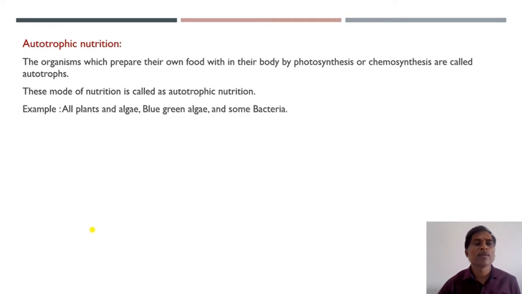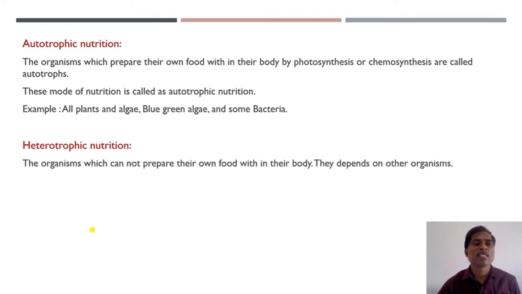All green plants, bacteria, cyanobacteria, blue-green algae are autotrophs. Second one is heterotrophic nutrition. Animals cannot prepare their own food within their body. They always depend on others. They are called heterotrophs. Such type of nutrition is called heterotrophic nutrition. Example, all animals.